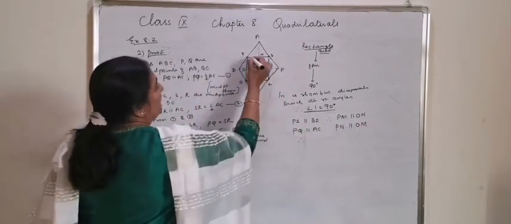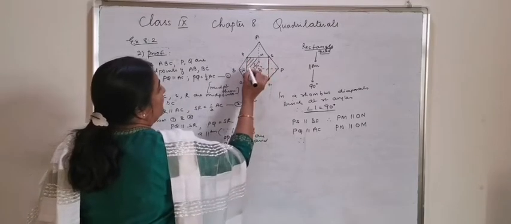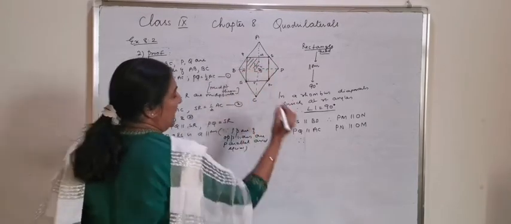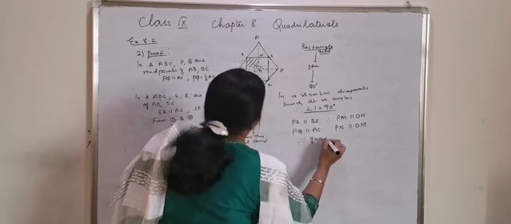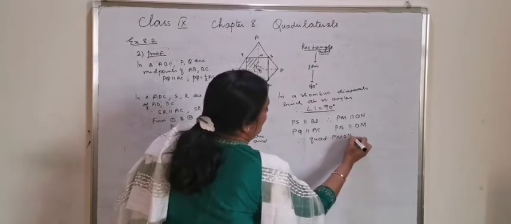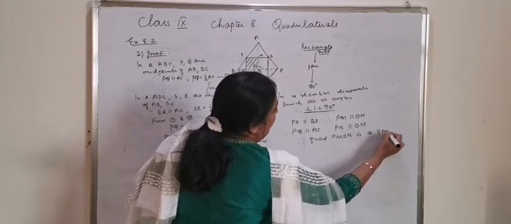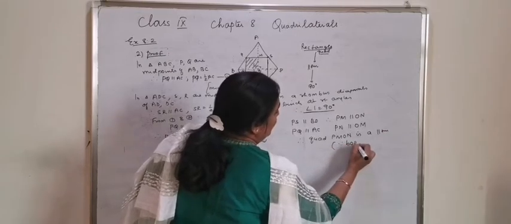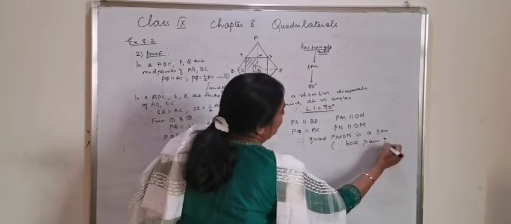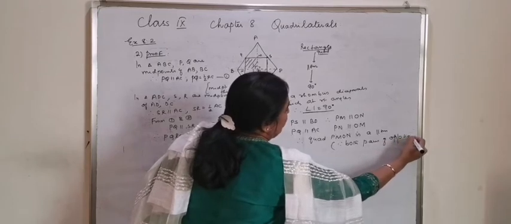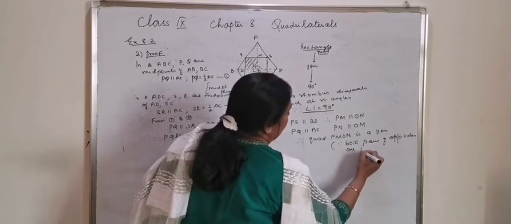Therefore, quadrilateral PMON is a parallelogram since both pairs of opposite sides are parallel.